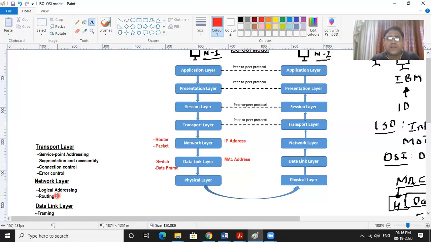Actually, a router keeps track of it. It creates a table of what my neighbor router has. The neighbor router is also maintaining a routing table, and it maintains which other routers it is connected to. So router 2 will share that routing table with router 1.